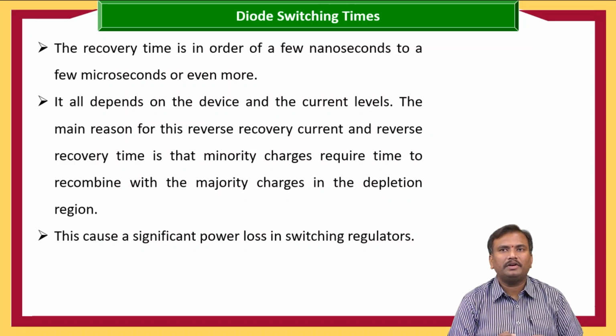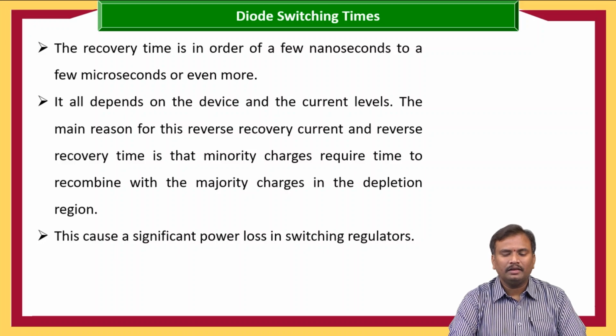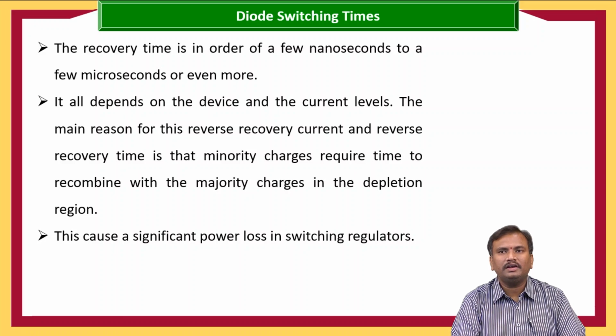There are certain parameters which depend on the diode switching times, that is reverse recovery current and reverse recovery time. So here the minority charges require time to recombine with majority charges in the depletion region. So this will cause a significant power loss in the switching regulators.